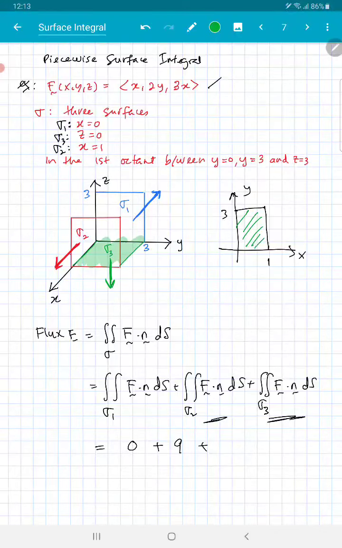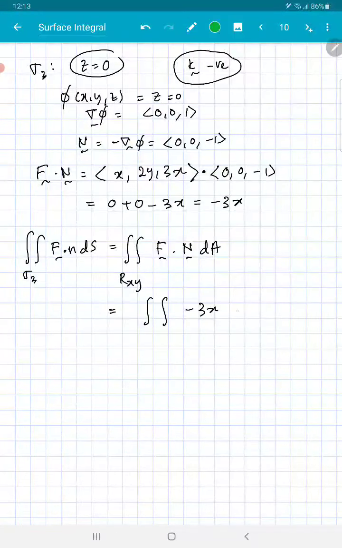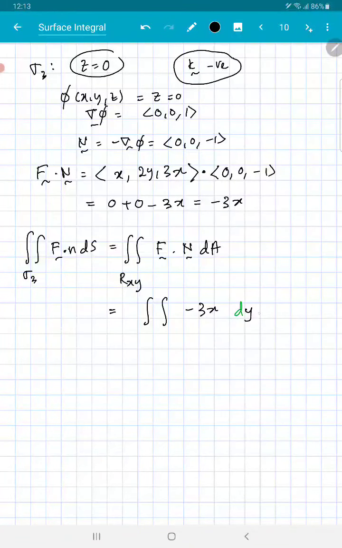Here you can integrate with respect to y first and then x, or x first and then y. So y is from 0 to 3 and x is from 0 to 1. Here you don't have to replace x with anything because the integration is with respect to y and x. But if you have z in it, then you have to replace it with 0.